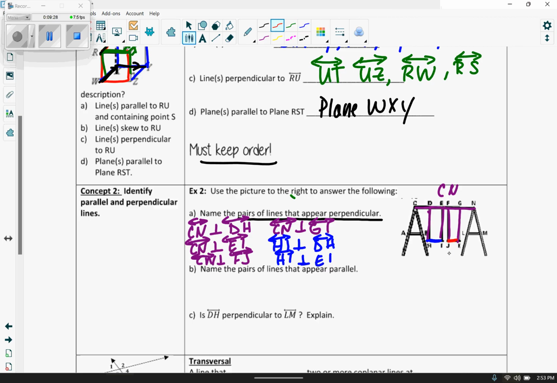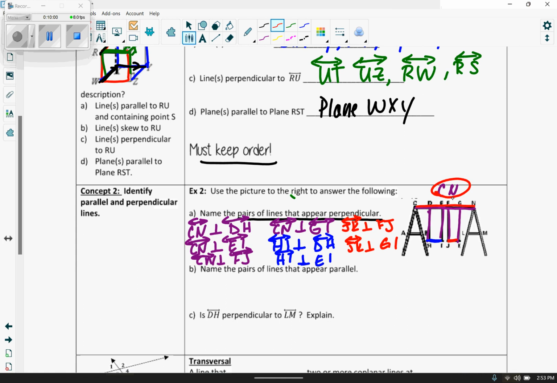We have JK. So JK is perpendicular to what? Well, we have FJ. And we have GI. Now, we kind of included that already because we said CN up here, and that's the whole thing.